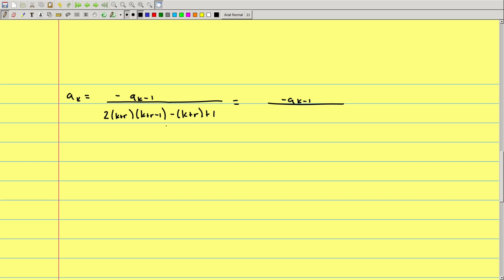Okay, what we can do is this term here can be split. If we allow the 2 to go into this factor here, then what we end up with is this.